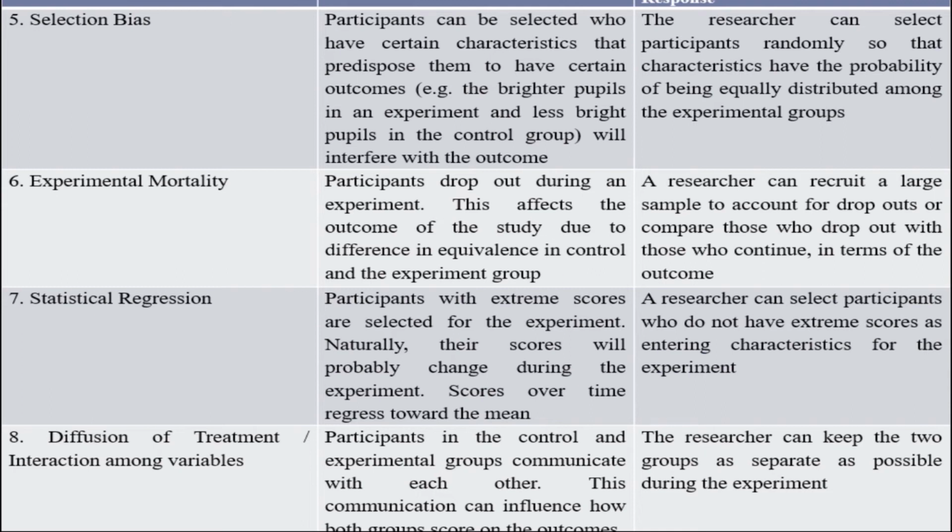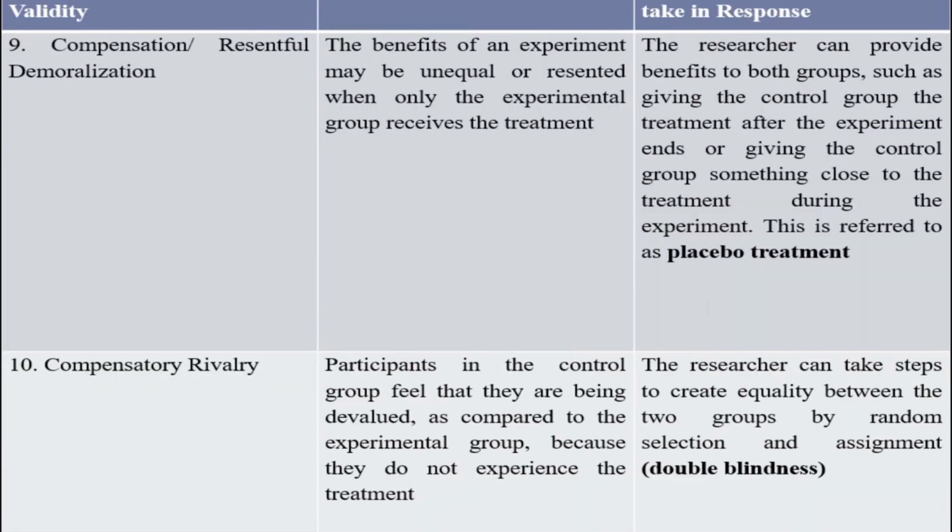What can the researcher do? The researcher can keep the two groups as separate as possible during the period the experiment is being carried out. And he or she should make sure that the groups do not know who is in the control and who is in the experimental group.